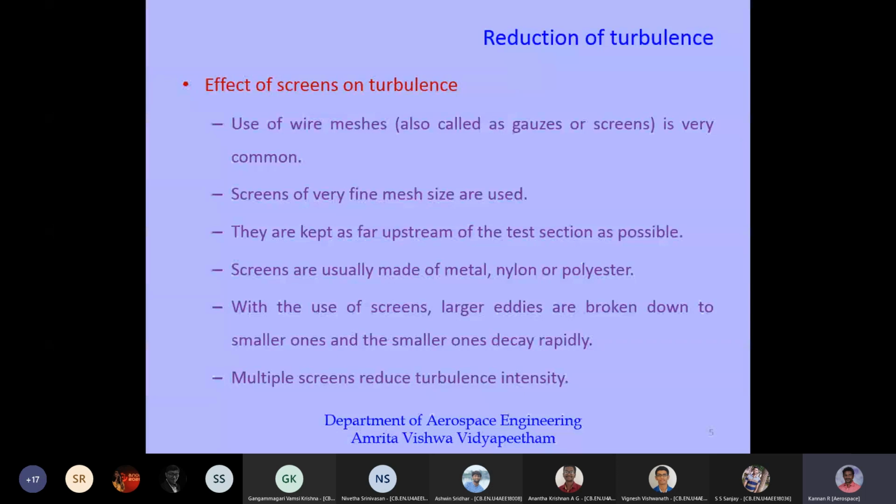And next is how are we going to reduce the turbulence? Already we have discussed that we use wire meshes for reducing the turbulence, and the mesh size is going to be varied. The screen mesh size functions are going to be related to your turbulence level.